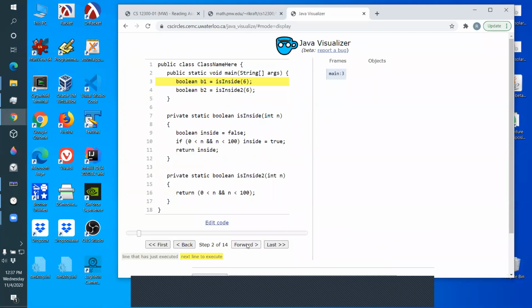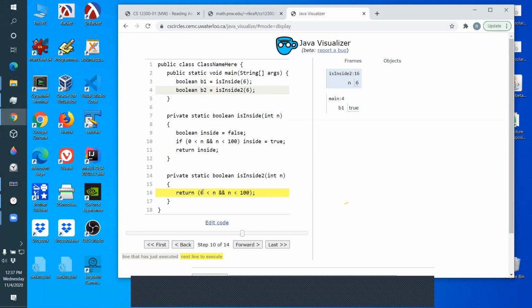Now the first version makes this guess, then it makes this check, then it returns what the final answer is. The return value is true. And the second one just says, if n is greater than 0 and n is less than 100, then that's what we mean by inside. That's true.